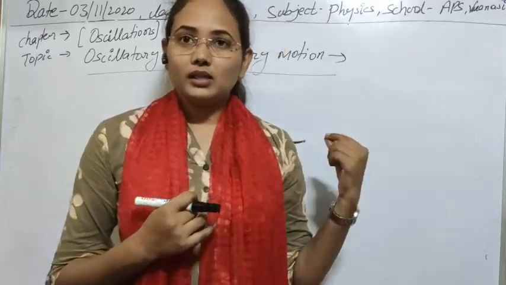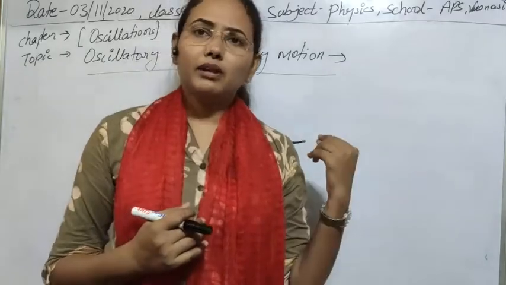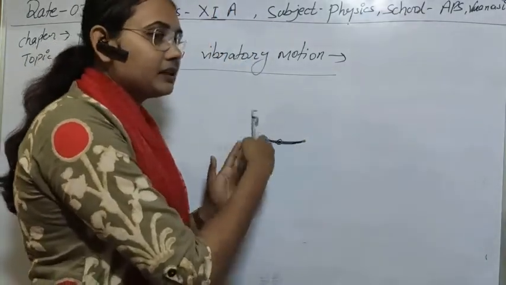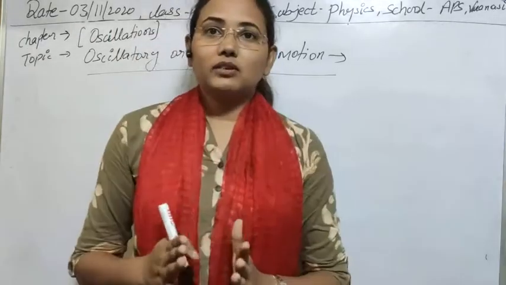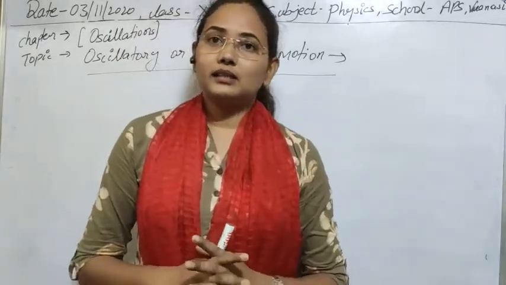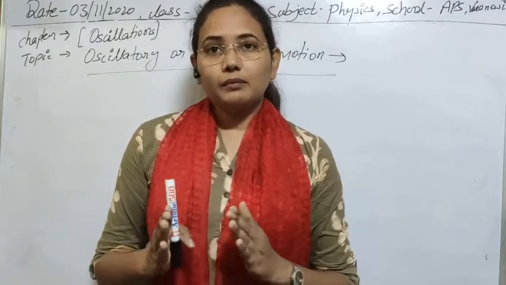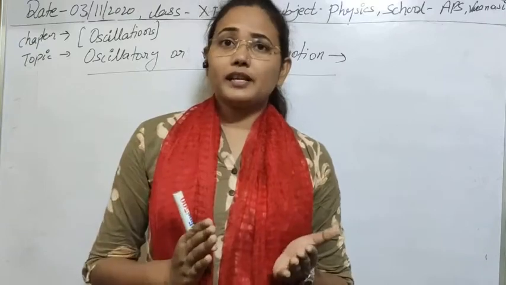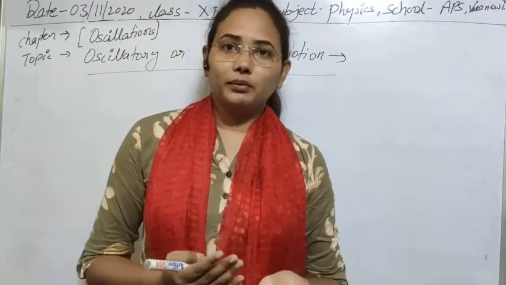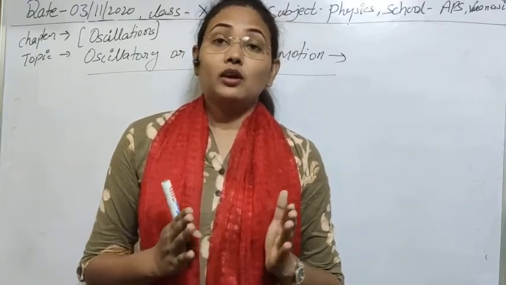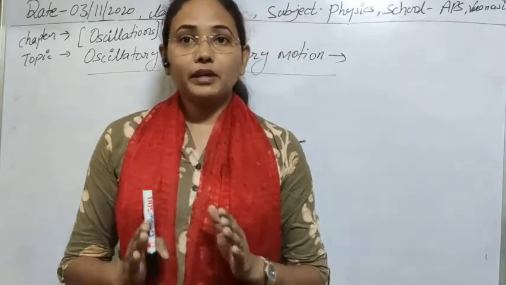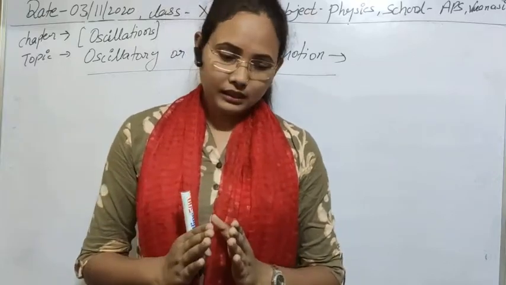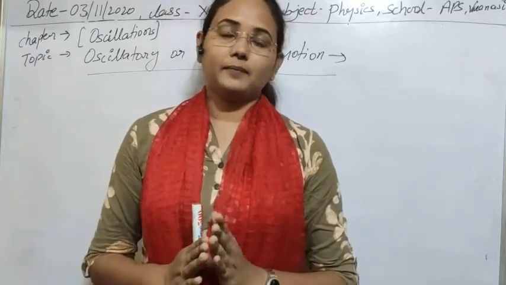Oscillatory motion will definitely be periodic, because after a certain interval of time it is repeating its motion. But periodic motion can be oscillatory or cannot be oscillatory. That depends on the conditions or motions of the particle.